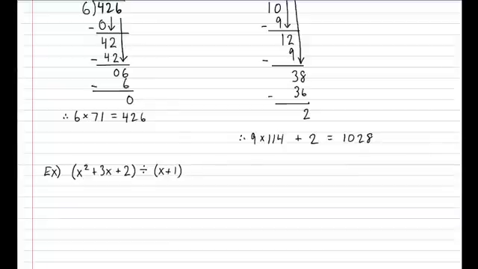Now watch how similar it is to your elementary school long division. I'm going to take my dividend, the x squared plus 3x plus 2, put it inside the long division symbol, and then the divisor, the x plus 1, goes on the outside.